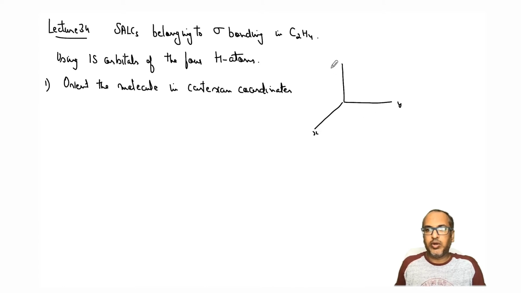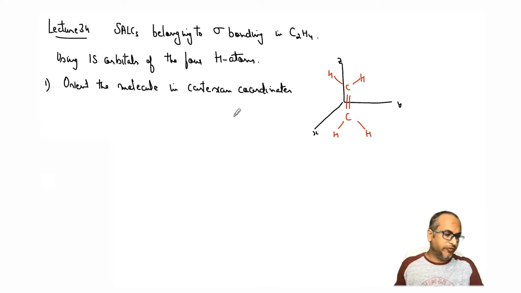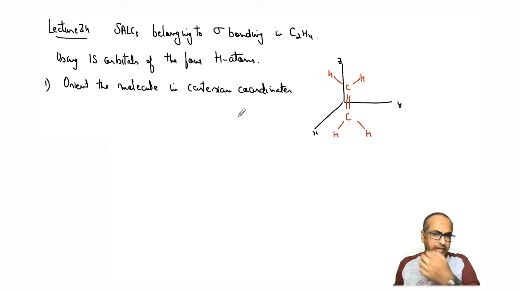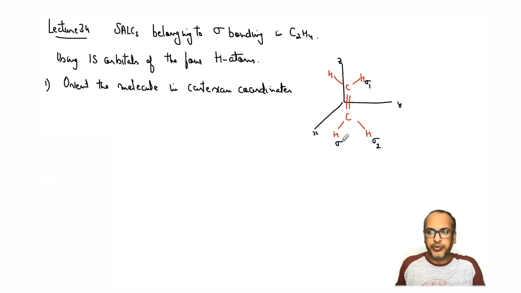We have X, Y, and Z, and the C=C double bond lies along the Z axis, and we will have 4 hydrogens like this. Now we can give each 1s orbital some nomenclature. For example, let these be called sigma 1, sigma 2, sigma 3, and sigma 4.